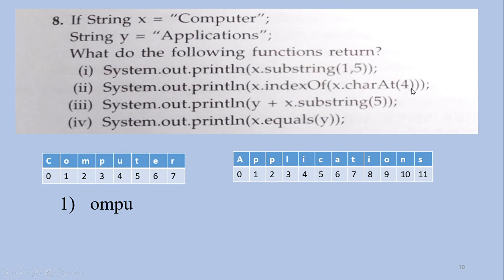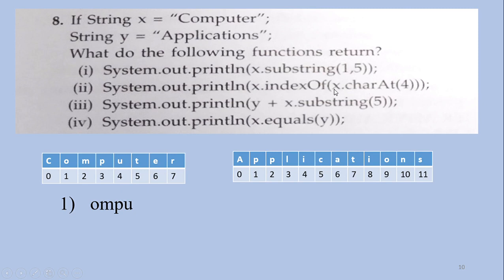I have told you charAt means character at. Where is my x? This is my x. charAt(4) means I have to extract the character at 4. What is the character at 4? Character at 4 is u. So this much of my function will return u.